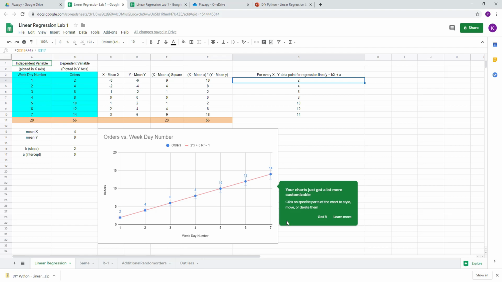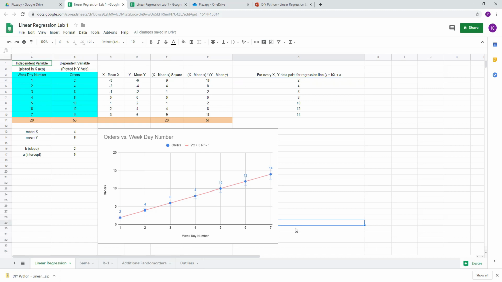Anyway, we don't have more than 7 days in a week, but from the prediction point of view, if you have 8 here somewhere and I apply this equation, I'll get a value of 16, which is the predicted value.